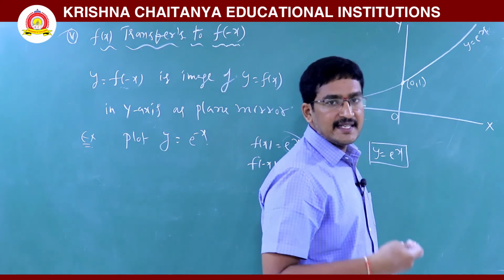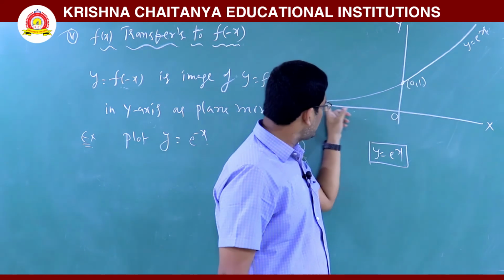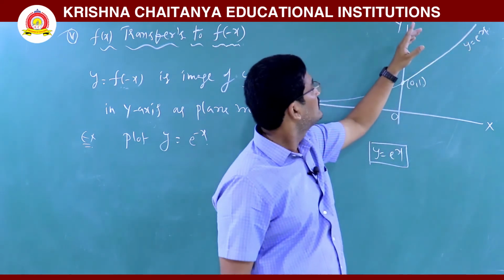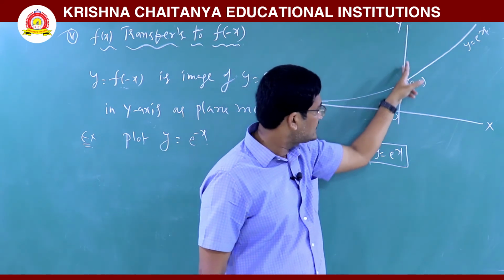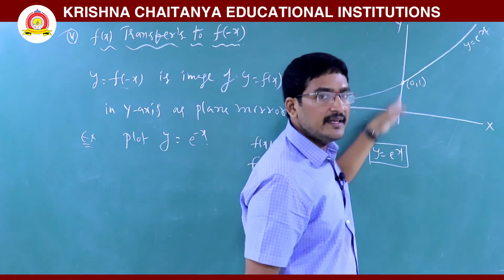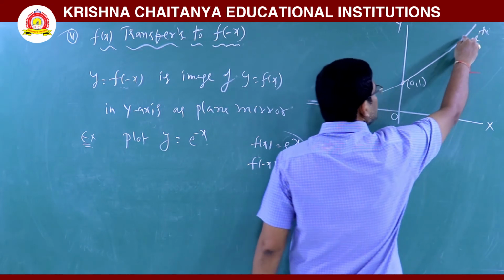To get the e power minus x curve, you just have to find the image of this curve with the y-axis as a plane mirror. It is a mirror. This is the curve e power x.